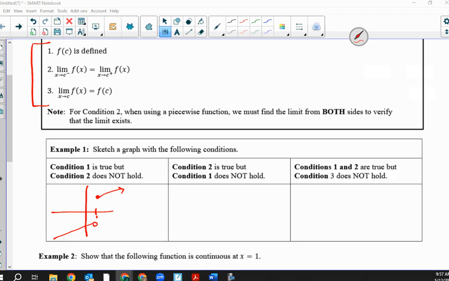Check in with each other. Do you guys have the same thing? Do your pictures match?